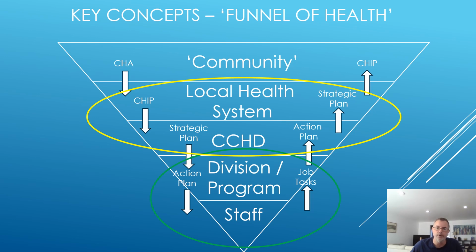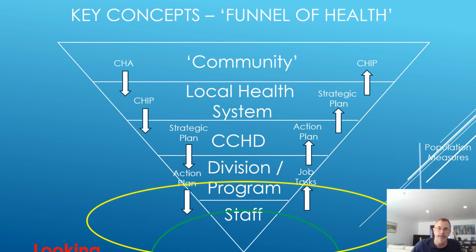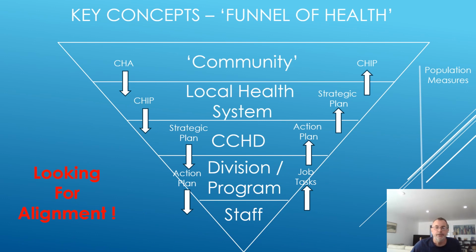And you can imagine those other two arrows coming in off the side, but we function a little bit, especially as managers. You guys are going to help develop the strategic plans up here. Okay. So we are looking for alignment. We are looking for population measures to improve, but we're doing that by improving our program measures. Okay.